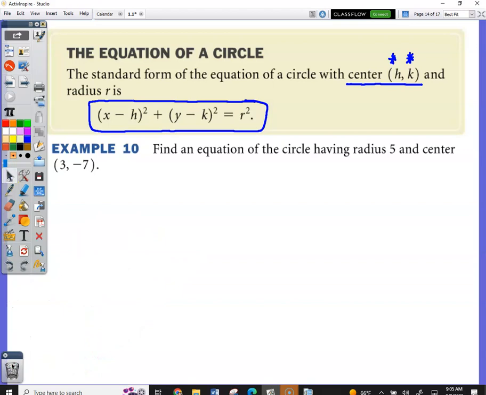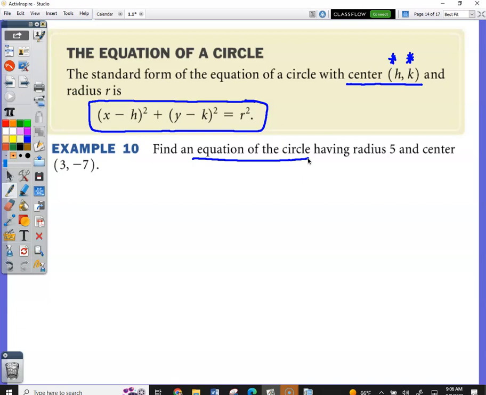Find an equation of the circle. The biggest complaint about math is people say, I didn't know what it was asking. Read the question, underline it to help you stay focused on what it's asking. It wants the equation of the circle, which means your answer should mimic the formula for the equation of a circle.